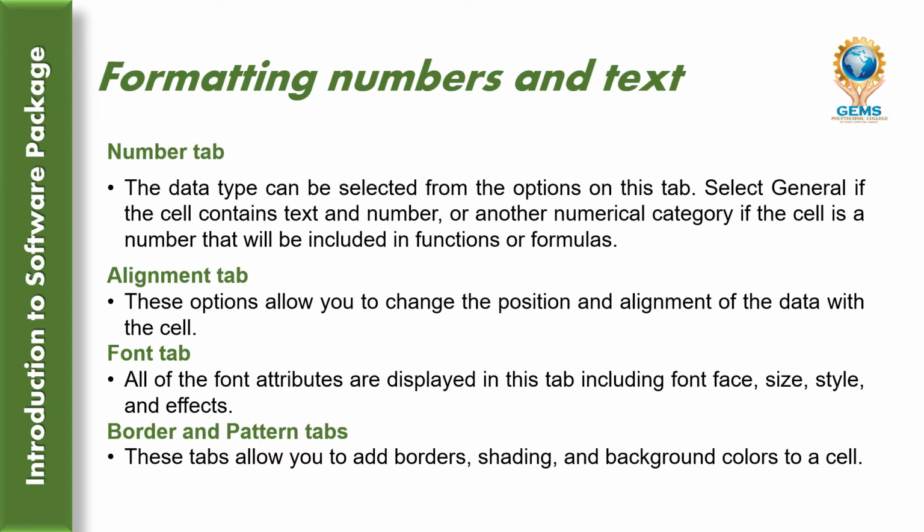Alignment tab: this option allows you to change the position and alignment of the data within the cell. The Font tab helps you assign a particular font face, size, style and effect, and shows the font attributes.